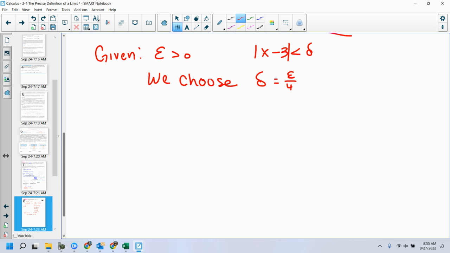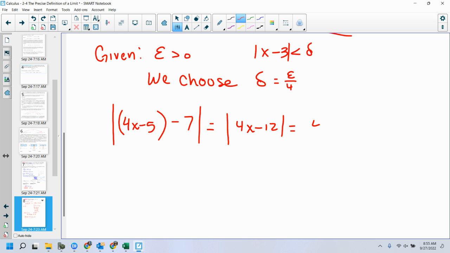We're going to say that the absolute value of 4x minus 5 minus 7 is equivalent to the absolute value of 4x minus 12, which is equivalent to 4 times the absolute value of x minus 3, which is actually, I should say this.